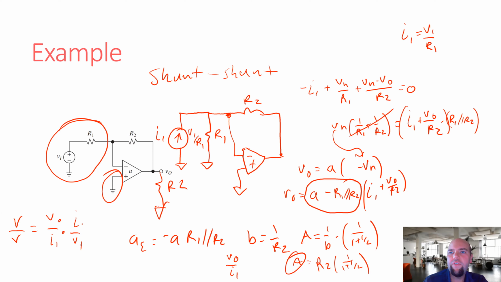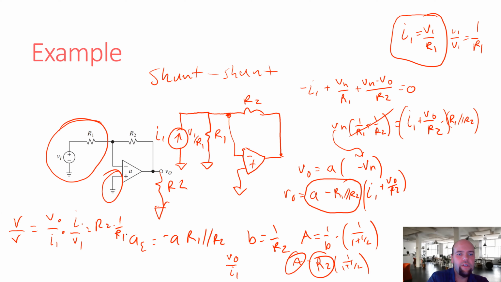And we know I in over V in is, going back to this guy that we just left stranded up here, rewriting this, I in over V in equals 1 over R1. So this is going to be R2 times 1 over R1.